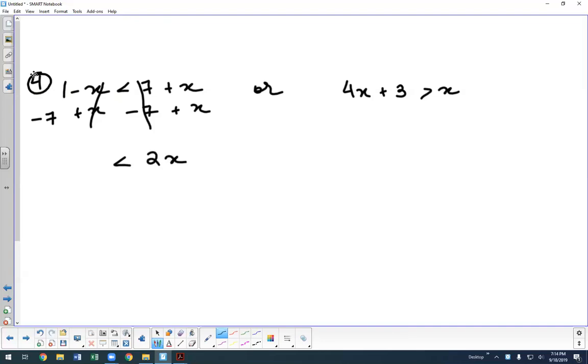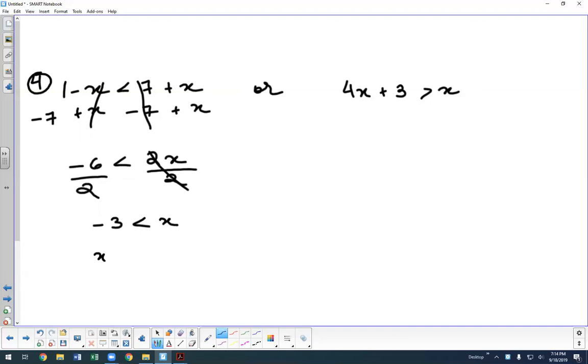Left-hand side, I've got negative 7 plus 1, so negative 6, right? Okay, we're dividing to get our x by itself, so divide by 2. And that's a positive 2, so we don't have anything to worry about. You will end up getting negative 3.